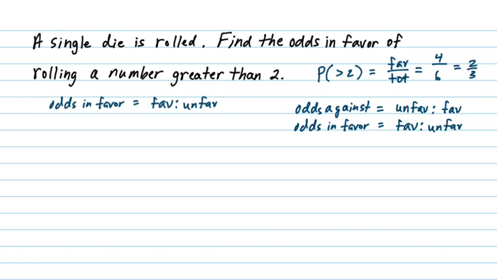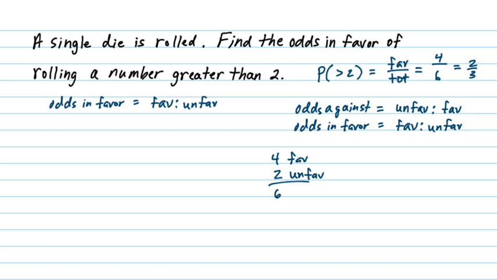Okay, so odds in favor is equal to the ratio of favorable to unfavorable outcomes. Favorable outcomes, there's 4 of those. There's 2 outcomes that are unfavorable, and honestly that's all we need.